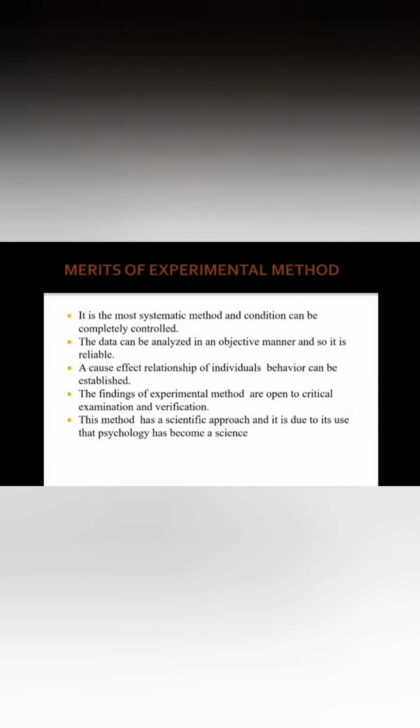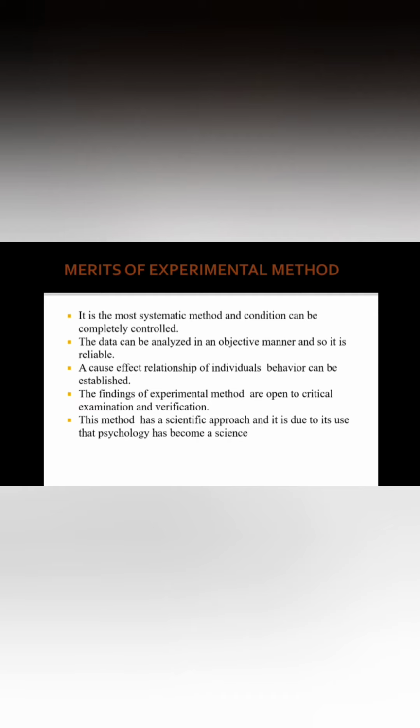Then let's discuss the merits of the experimental method. As we already mentioned, it is the most systematic method and conditions can be completely controlled. The data can be analyzed in an objective manner, not in a subjective manner, so it is reliable. A third one is that the cause and effect relationship of an individual's behavior can be established.